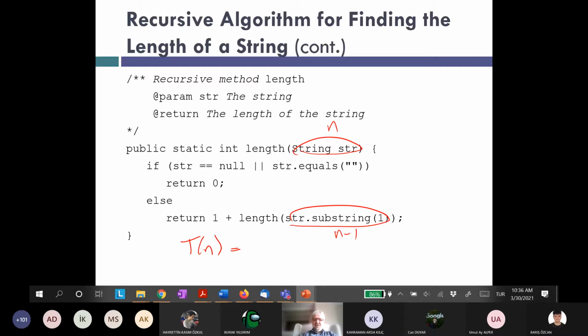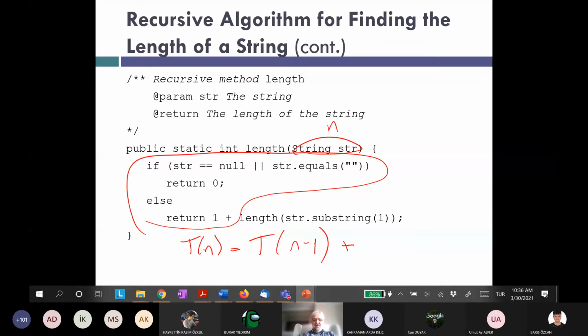So for a string of size n minus 1, this function call will take T(n-1) time, plus the operations performed during this call, excluding this recursive call.